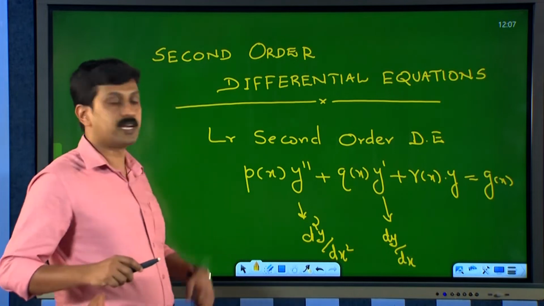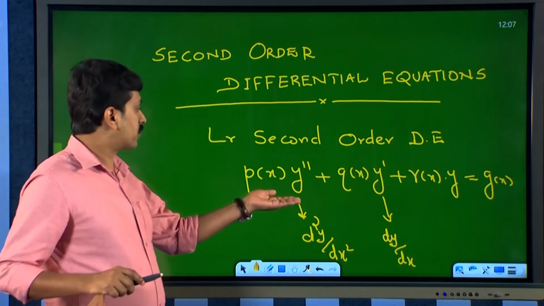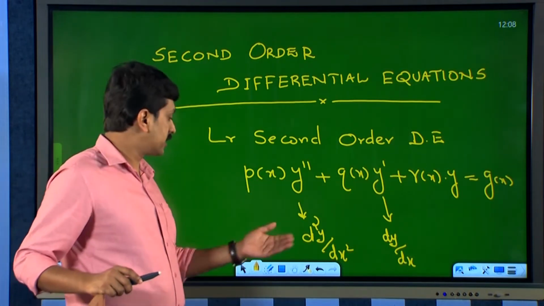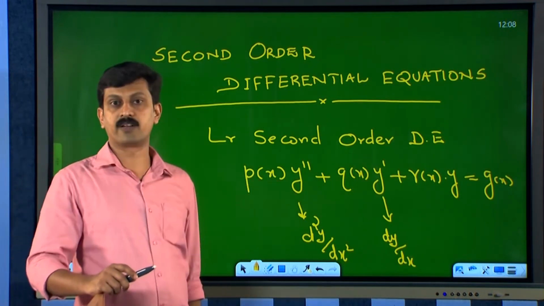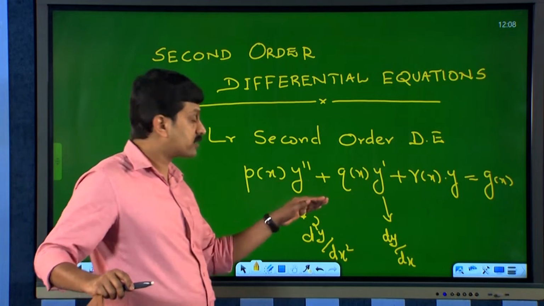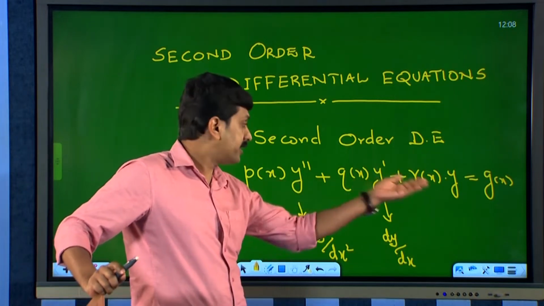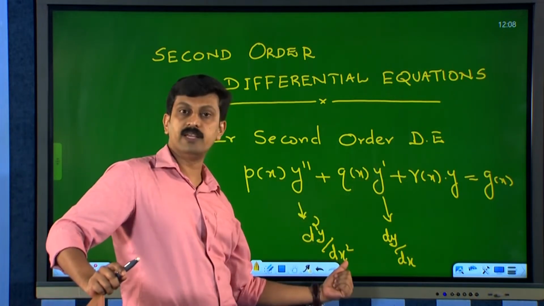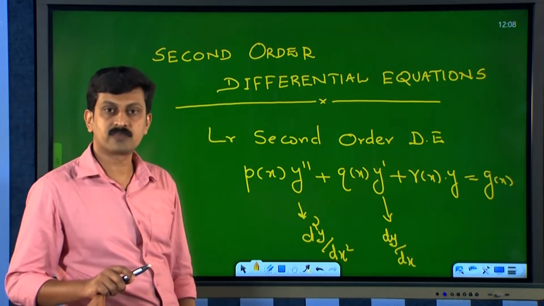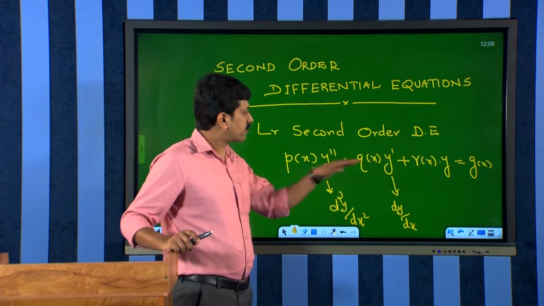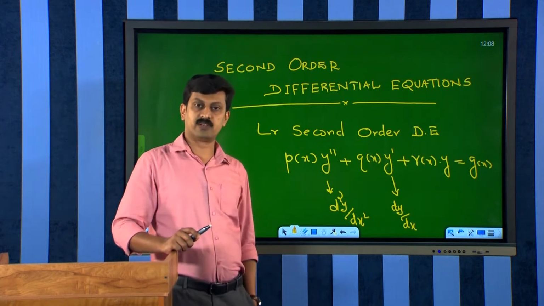This is a differential equation. Just by seeing it, we understand that this is a second order differential equation, because it contains the highest derivative d square y by dx square. A differential equation of this form is called a linear differential equation.